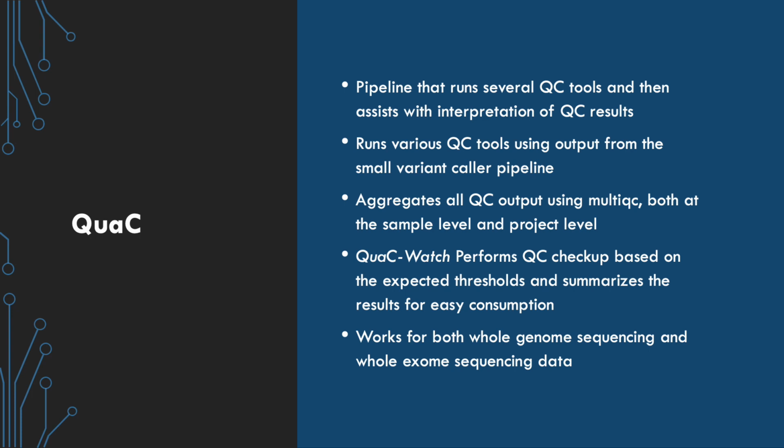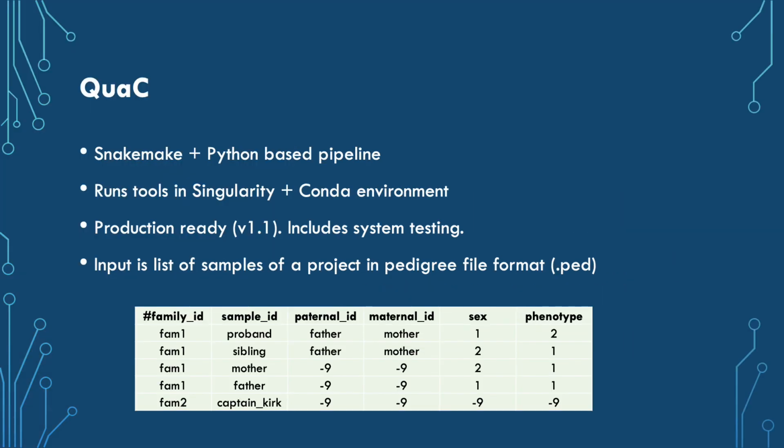This QuaC pipeline runs several QC tools, and it also assists with interpretation of QC results. QuaC was developed using SnakeMake and Python, and this pipeline runs all the jobs in a Singularity plus conda environment in order to promote reproducible data analysis.